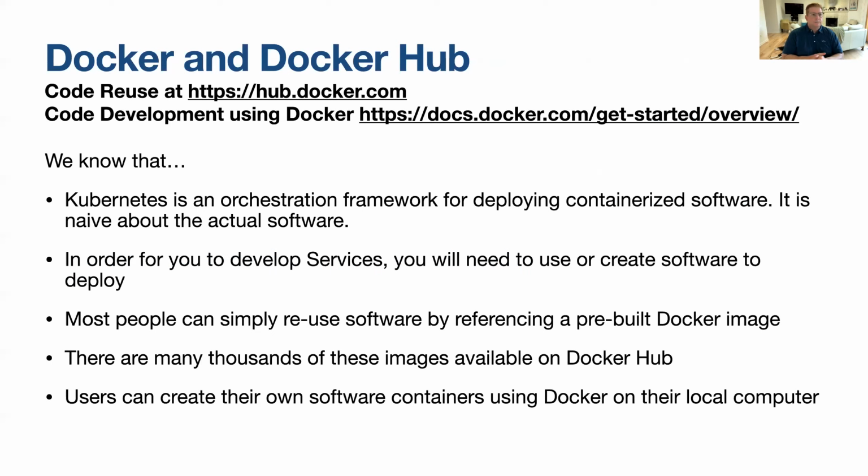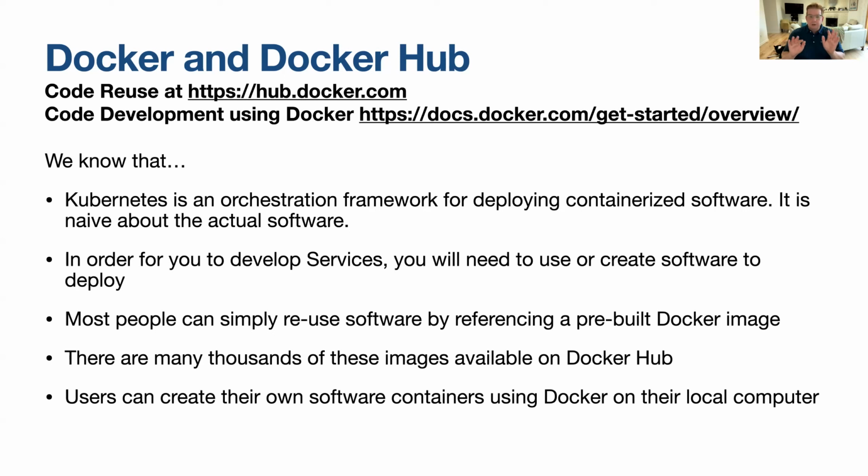So we know that Kubernetes is the orchestration framework for deploying this containerized software, but it's actually naive about the software. So in order for you to develop services, you'll need to create your own software to deploy. And as I said, most people simply reuse software by referencing pre-built Docker images, and there are thousands of them there.